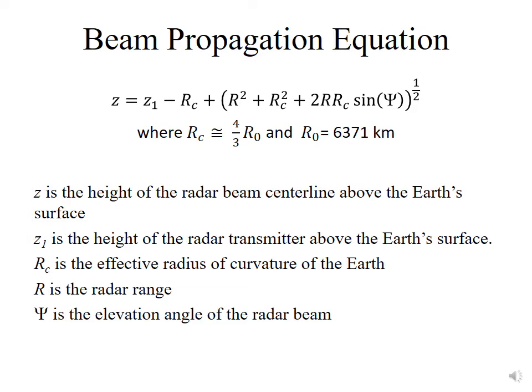Then that is multiplied by R squared, which is the radar range. RC, of course, is the effective radius of the curvature of the Earth again. And then we have the sine of the elevation angle, and all of that's inside the square root. This beam propagation equation will give you an idea of what elevation that beam is at a certain range away from the radar, assuming standard atmospheric conditions and normal propagation.